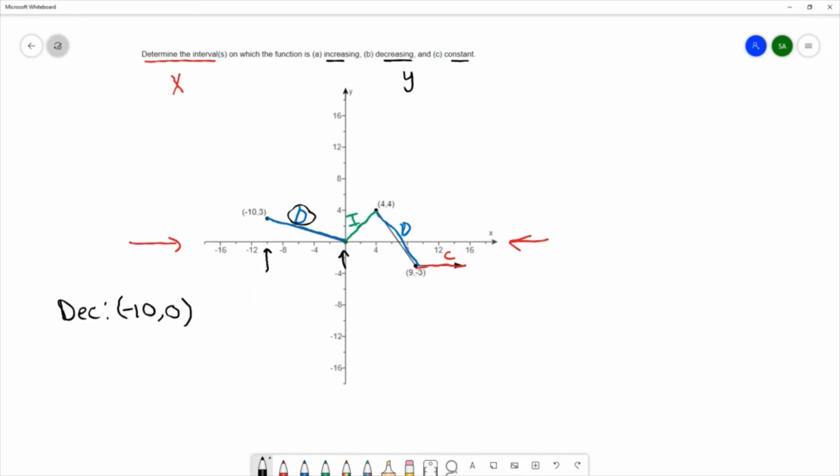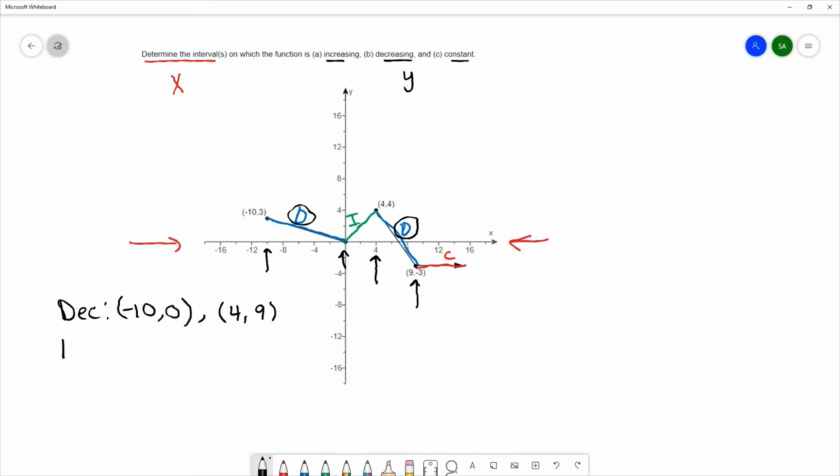We have another decreasing interval here, and that decreasing interval starts at this x value and ends at this x value. So the next decreasing interval is from 4 to 9.